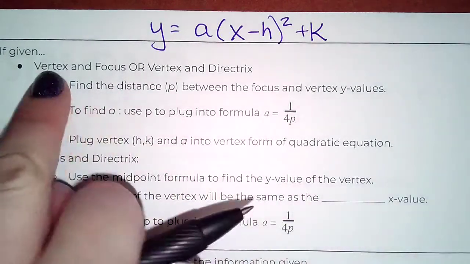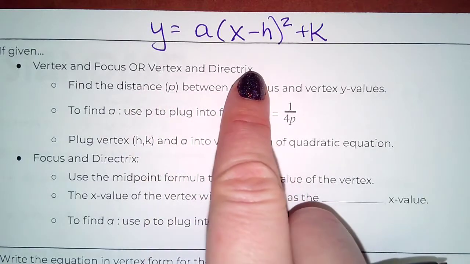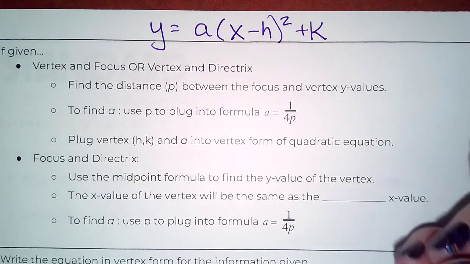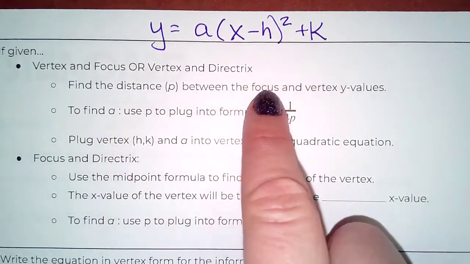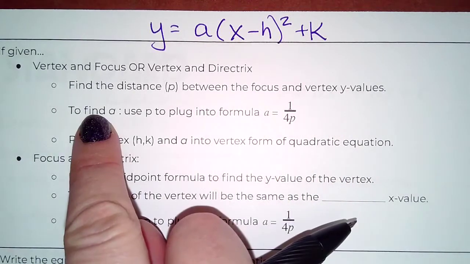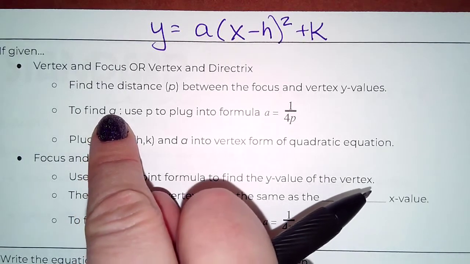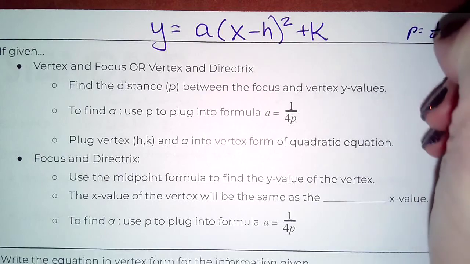The vertex and focus, or vertex and directrix. So if we're given the vertex and one of the other two things, find the distance p between the focus and the vertex. So find p, and then we want to find a using p. So on the other side, we used p equaled 1 over 4a.